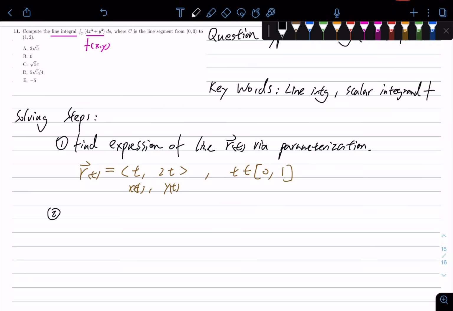Second step is to find r of t prime, r prime of t, then the magnitude of r prime of t.